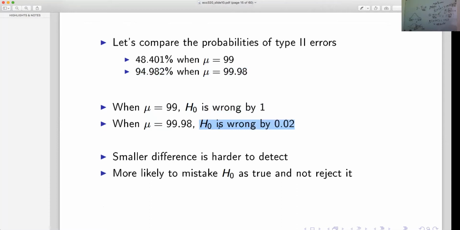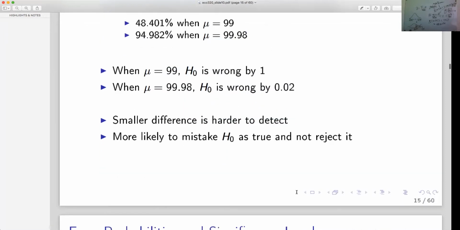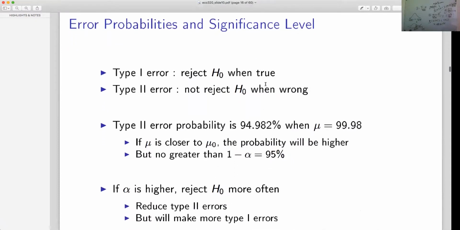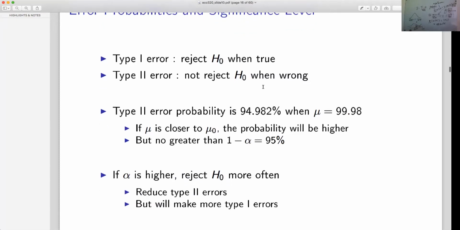As the difference is so minor, you're likely to have type 2 error because it is hard to detect, and you more likely mistake the null as true and do not reject. So type 1 error is rejecting the null when true, type 2 error is not rejecting when it's wrong. Always remember this too, and practice how you define the mathematical definition based on that.